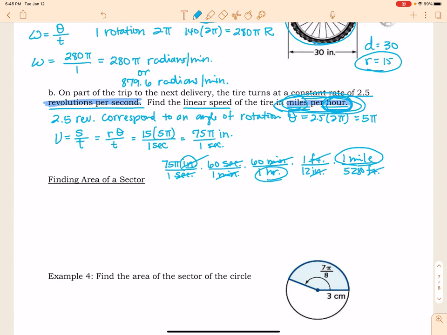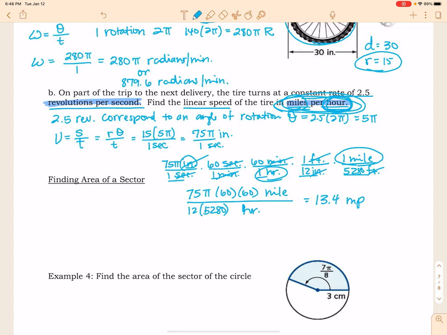So in the numerator, I have 75 pi times 60 miles over 12 times 5,280, and of course this would be in hours. All right, and then I've just got to use my calculator, and I get approximately 13.4 miles per hour. I know it's lengthy, but it's not impossible.